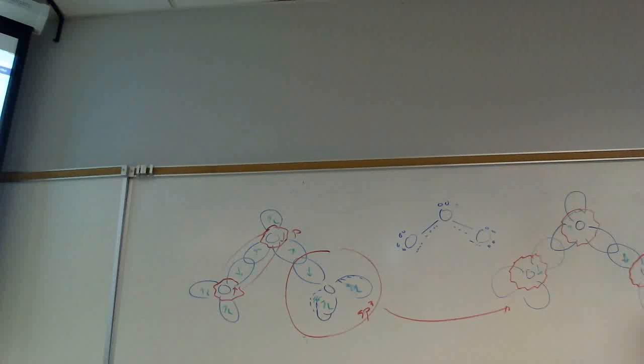And what we can do is then delocalize electron density in this p orbital network. Does that make sense? Why does it go to the P orbital?